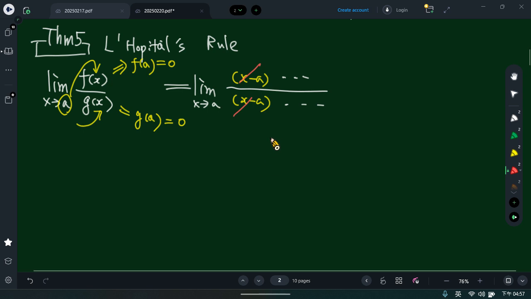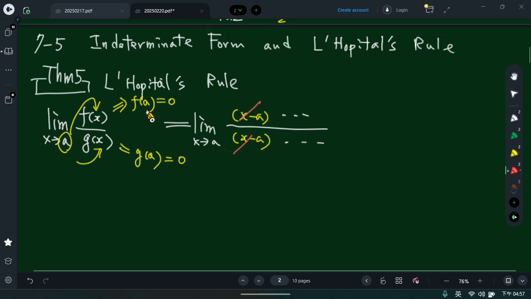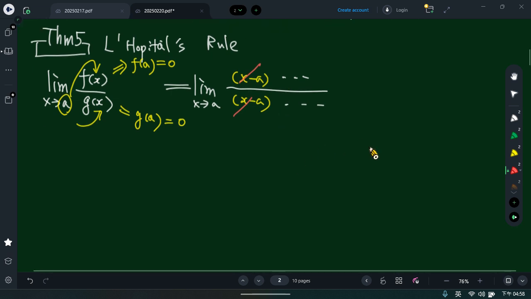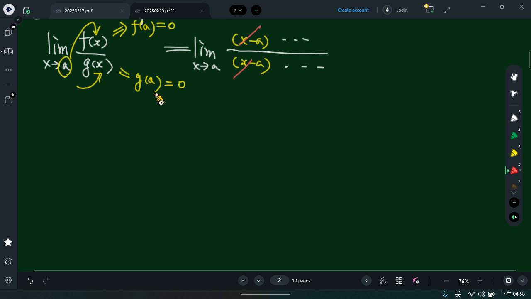But in this case, we need to make sure f of x and g of x can be factorized with the factor x minus a. But if you encounter a function that cannot be factorized, how should we do? So we list the theorem here.